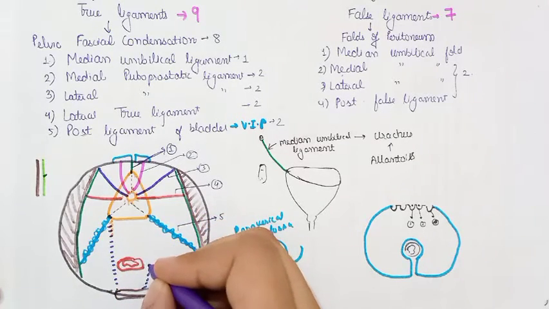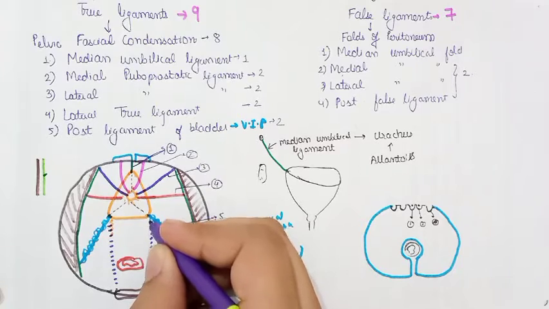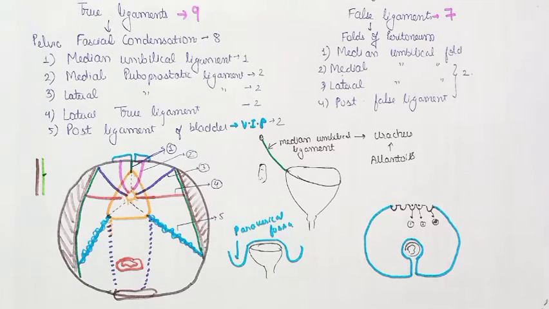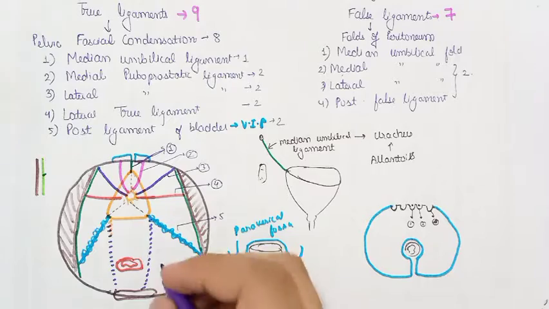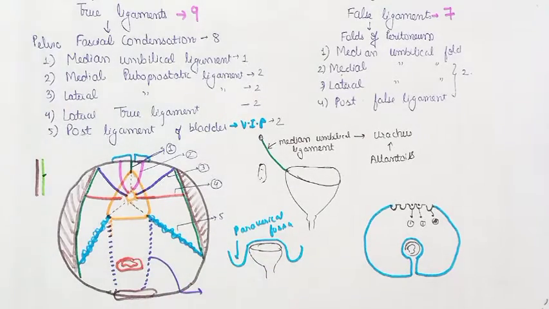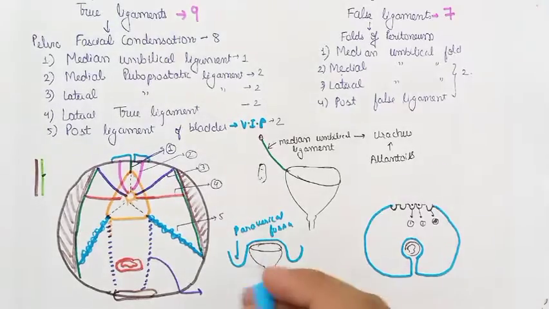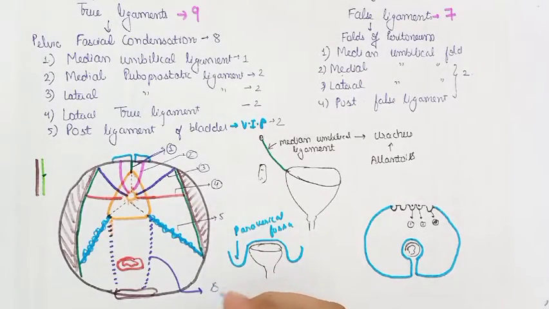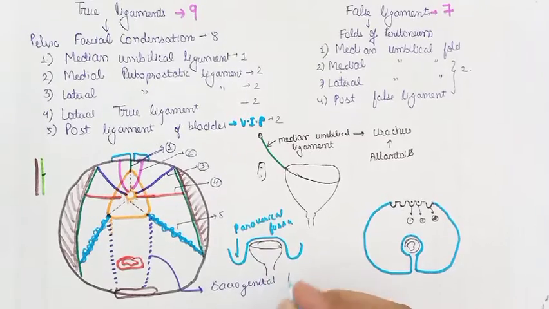So on both sides, from the lateral angle till the S3 vertebra, this fold of peritoneum is present, which is called the sacrogenital fossa or the sacrogenital fold.